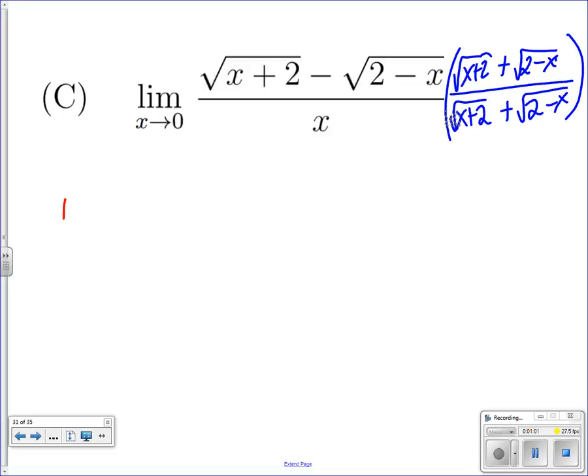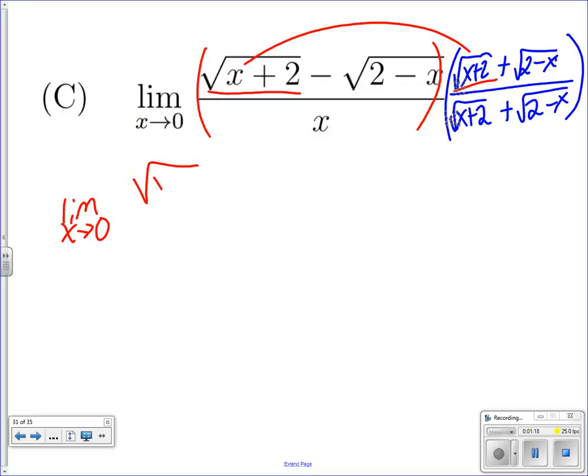So then we have the limit as x approaches 0 of, if we go ahead and FOIL this top piece, you have the square root of x plus 2 being multiplied by itself. So then we have the square root of x plus 2, quantity squared.